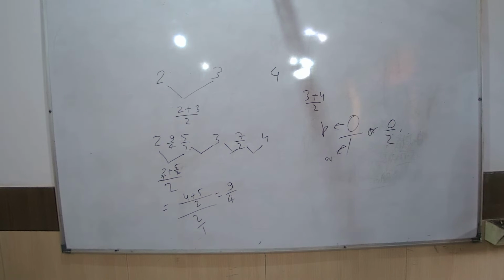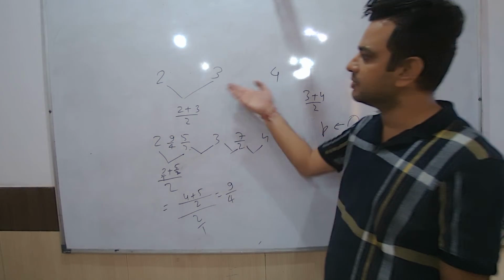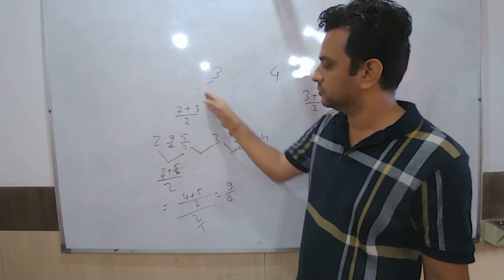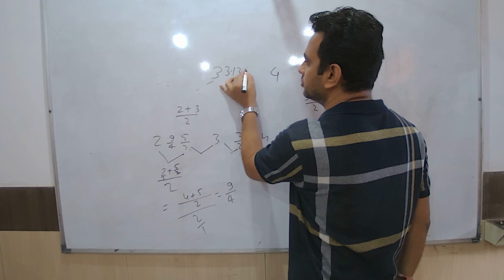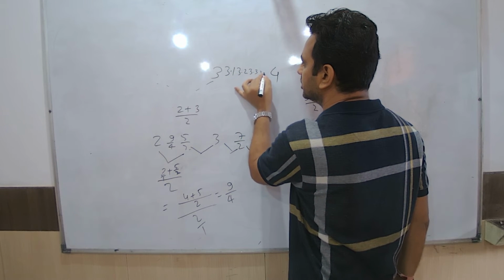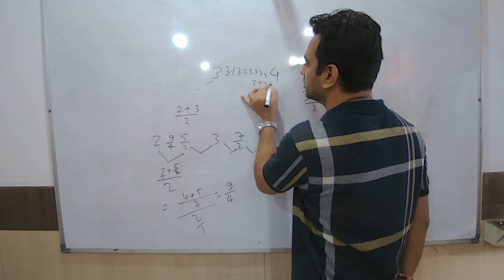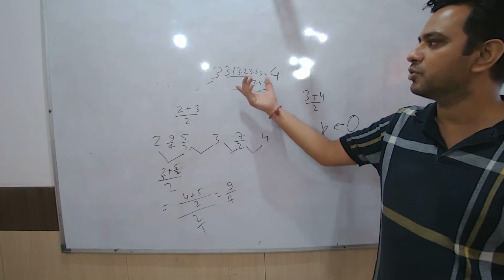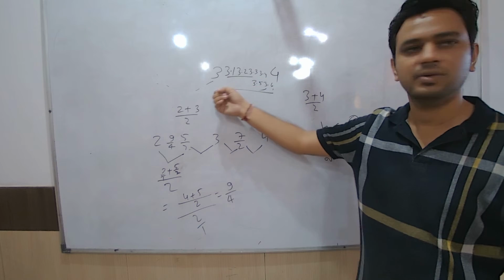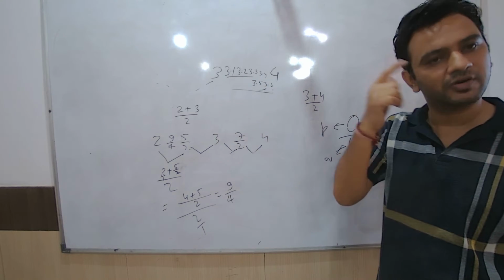Okay. Second question is: insert 6 numbers between 3 and 4. So 6 numbers between 3 and 4. बताया मैंने 3.1, 3.2, 3.3, 3.4, 3.5, 3.6. ठीक है, या डायरेक्टली आपको ऐसे नहीं करना, तो you add 3 and 4 divide by 2, you will get one number.